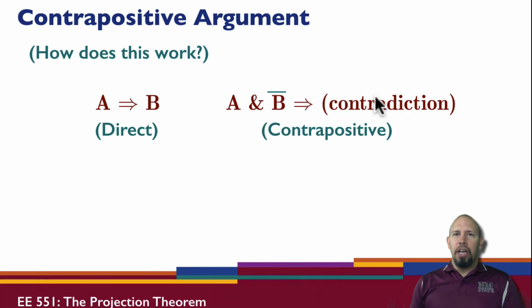If you assume A and not B, you work through that logically and you find, for example, that it requires that not A be true. That would be an example of a contradiction.